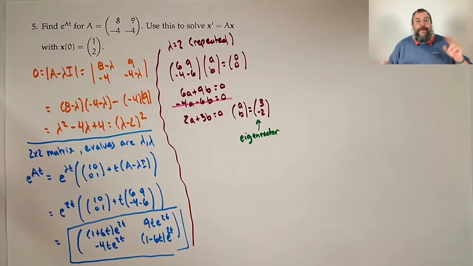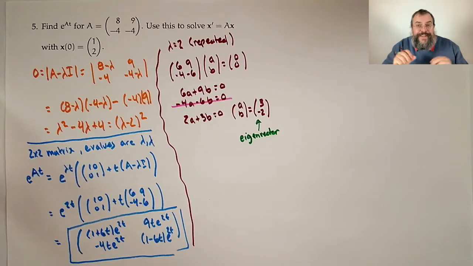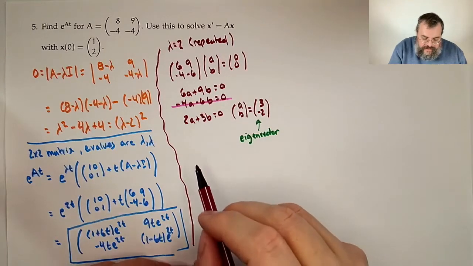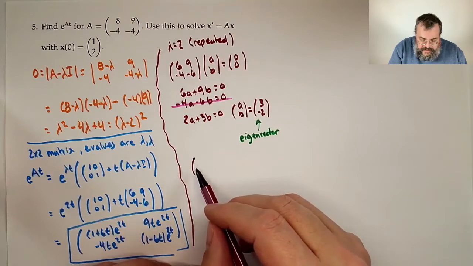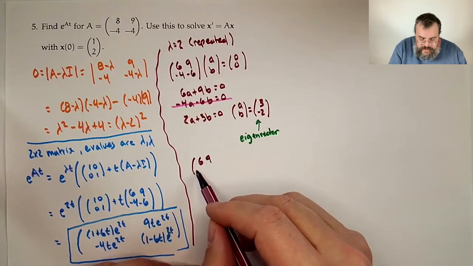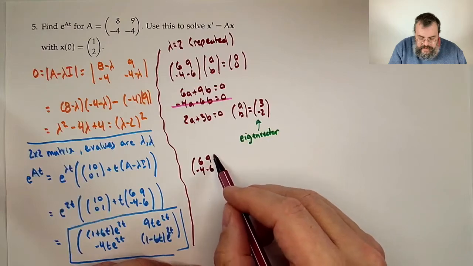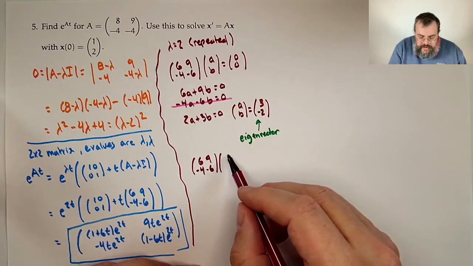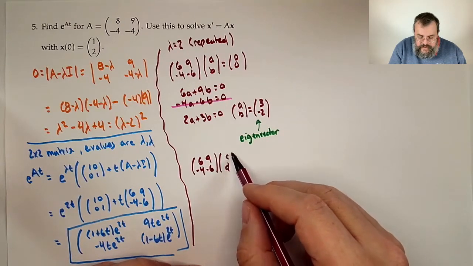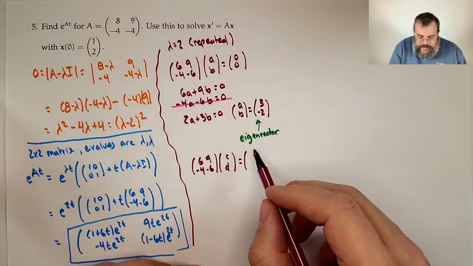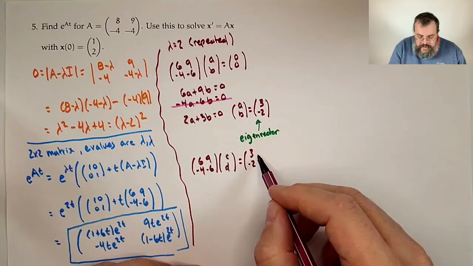But now we have to get ready for the bump, because there's bumping involved in this problem. Okay, so we're going to repeat a computation here. Well, not really fully repeat, but it's going to be similar. Moving our way through the alphabet, c, d equals what we just found, 3, negative 2.